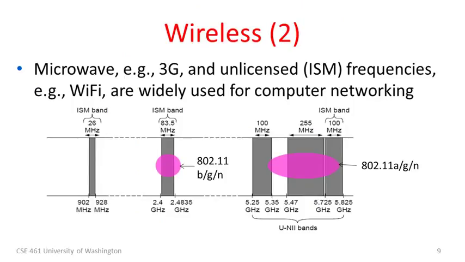The portions of the spectrum that are used for Wi-Fi are actually fairly interesting in terms of a story. The frequencies that we like for data communications tend to be in the microwave band, from hundreds of megahertz up to several gigahertz. Now, that's where you'll find Wi-Fi as well as 3G cellular network communications.